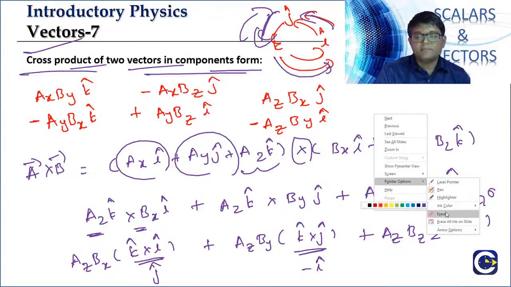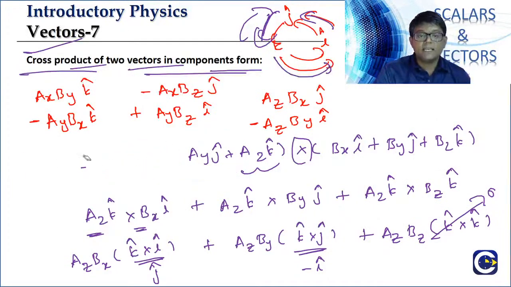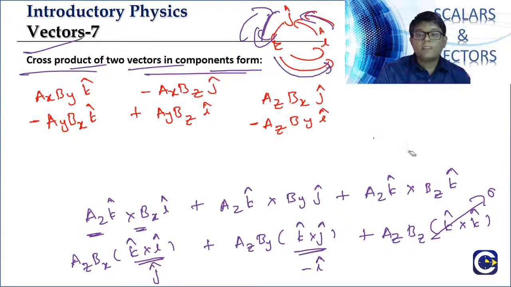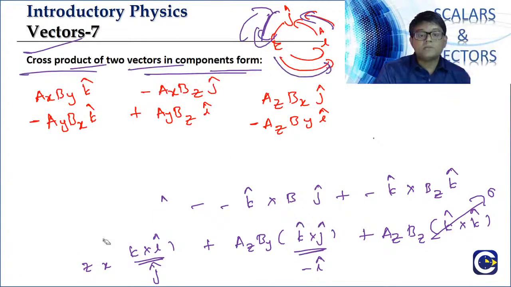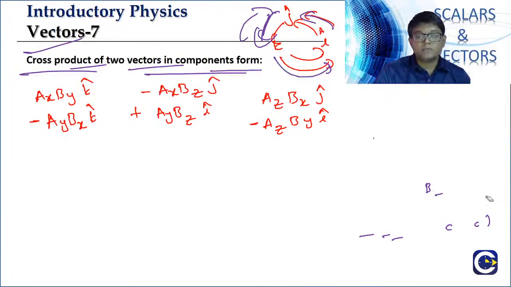Okay, so now we have come to the final step. What is the final step? If you see, how many terms are there, guys? There are actually 6 terms. But the i cap terms are 2, j cap terms are 2, k cap terms are 2. Means we can keep the i cap terms together, j cap terms together, and then k cap terms together.